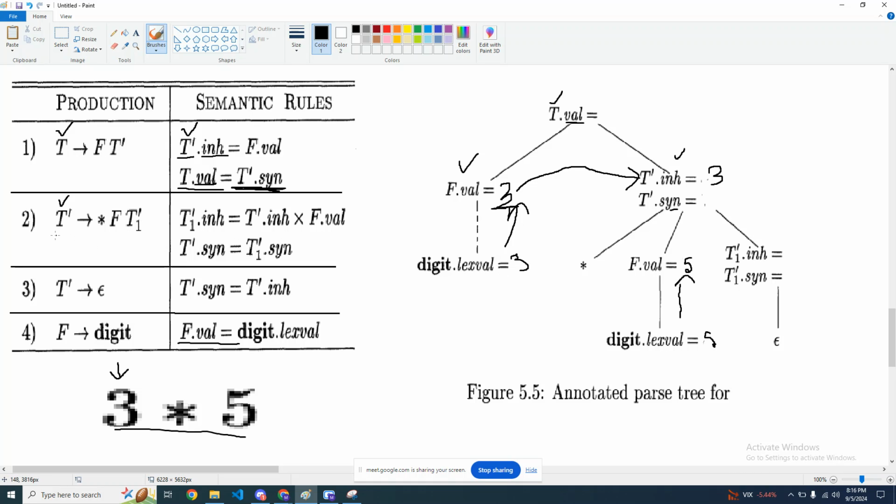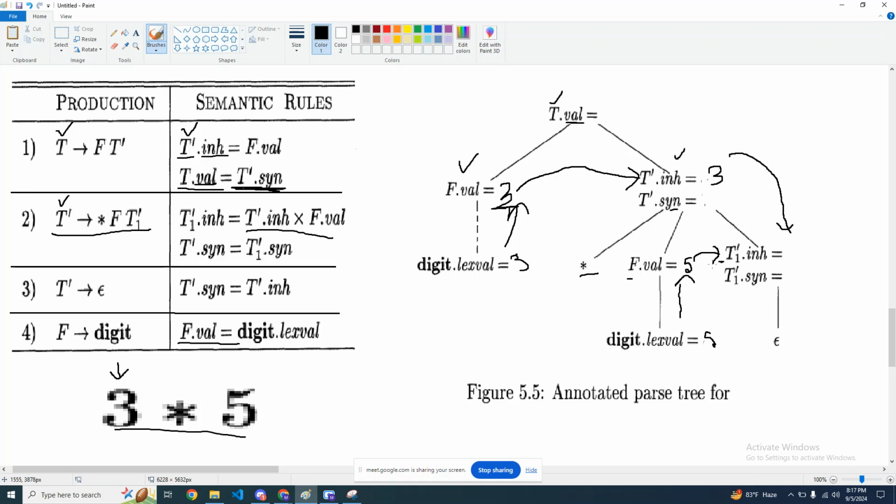But if you look at this production rule, t prime produces multiplication f t prime, then it says t1 prime dot inherit, meaning this is basically t prime inherit. So it is taking the value from here and multiplying it with f dot value, this f dot value, right?